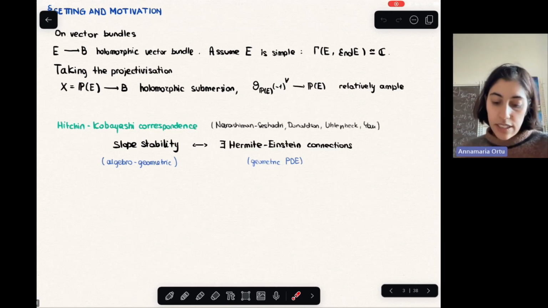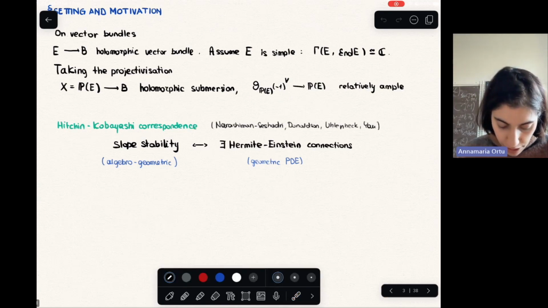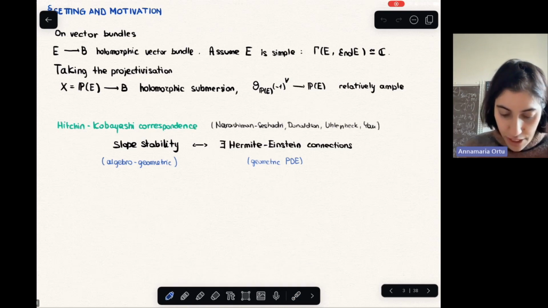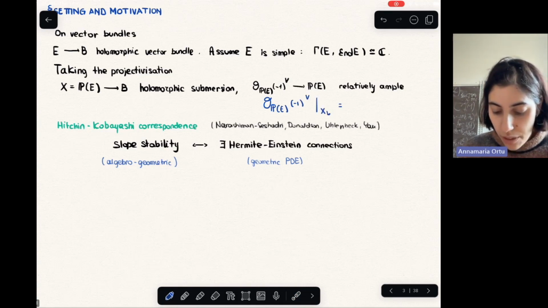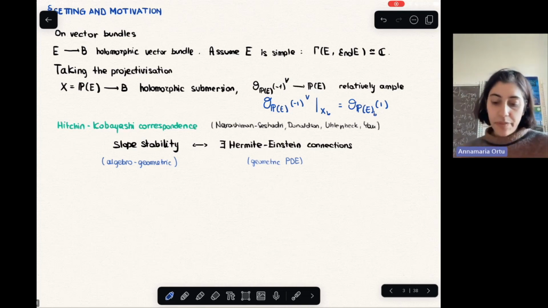And we can construct a relatively ample line bundle on it, which is the dual of the tautological bundle. So this line bundle on each X_b is just the tautological bundle. It's like the hyperplane bundle on that fiber, so on P(E_b).